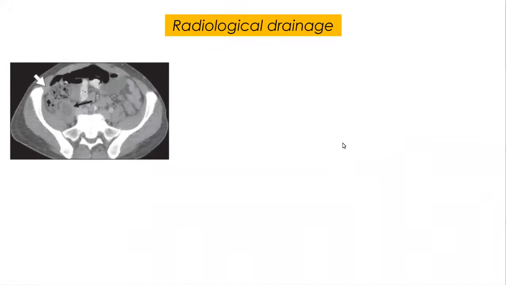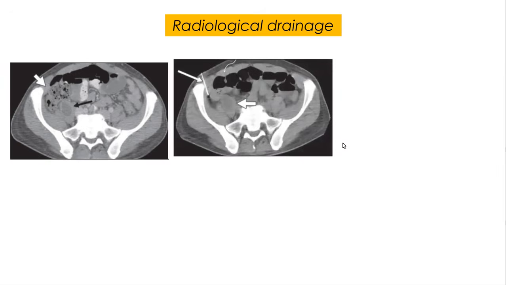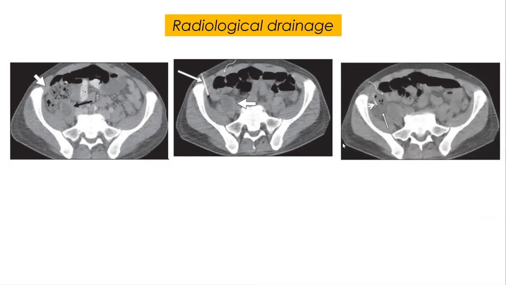The radiological drainage, we have this one is a psoas abscess, and in the CT demonstrated by the black arrow, and here a tube, the white arrow, will be advanced to drain this psoas abscess, and now the tip, which is the short white arrow here, is approaching the abscess cavity.